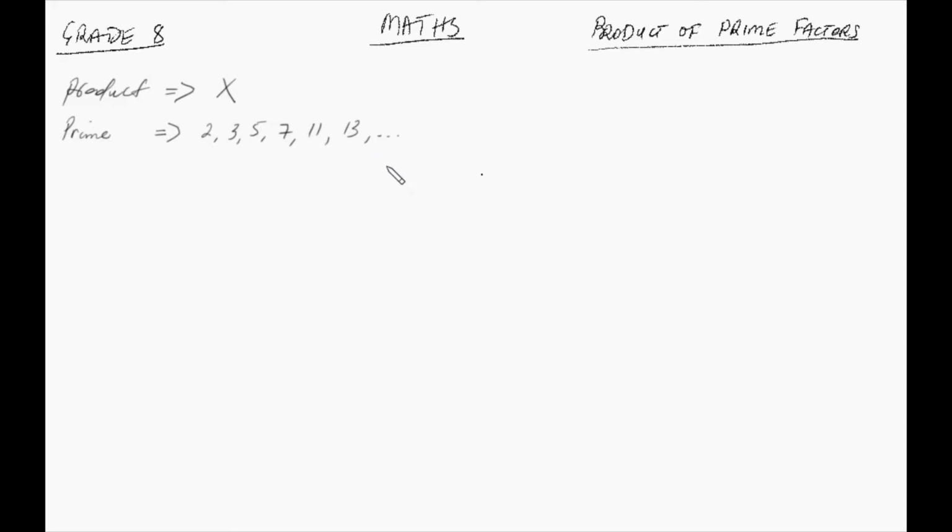Now the other keyword is factors. We did look at factors of a number. When we say it's a factor, we are talking about numbers which, when dividing a number, leave a remainder of 0.